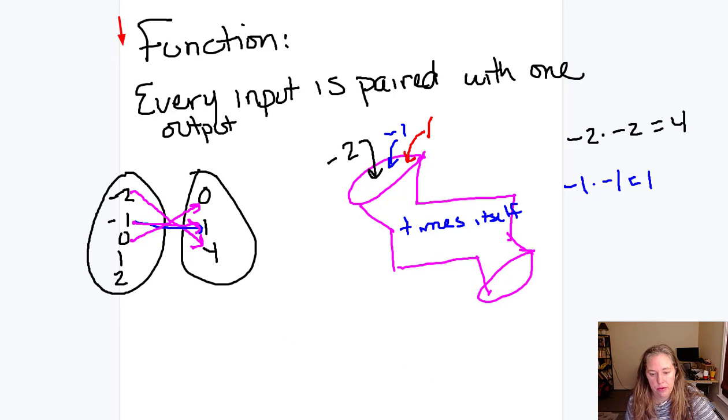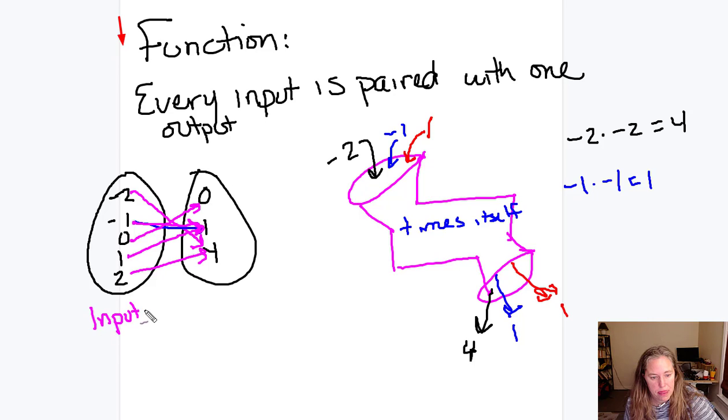Oh, I forgot to show the outs. -2 goes in, out comes 4. -1 goes in, out comes 1. +1 goes in, 1 times 1, out comes 1. So +1 also goes to 1. And +2 goes to 4. So these are our inputs. This says every input is paired with one output. Negative 2 is an input. It only has one output, 4.